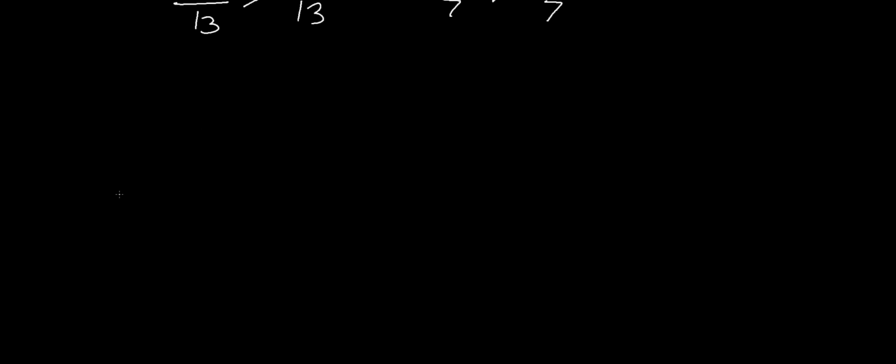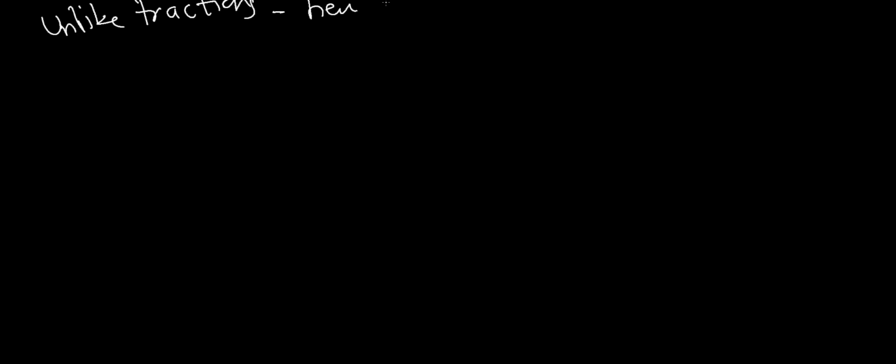With this, there is the second form, unlike fractions. What are unlike fractions? Here neither the denominator nor the numerator is the same, so nothing is the same in terms of value.